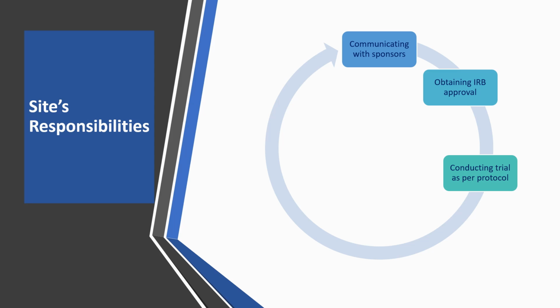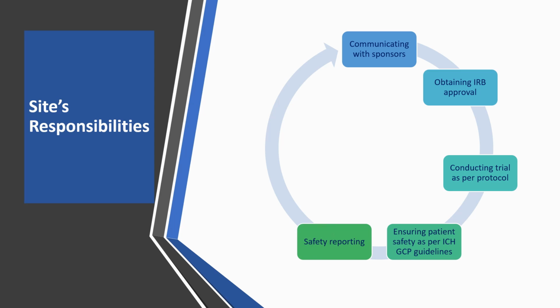conducting the trial as per protocol and applicable regulatory requirements, ensuring patient safety as per ICH-GCP guidelines, safety reporting, communicating serious, unexpected adverse reactions to sponsors and regulators, documentation, to maintain accurate records including source records and all versions of the protocol and the informed consent form.